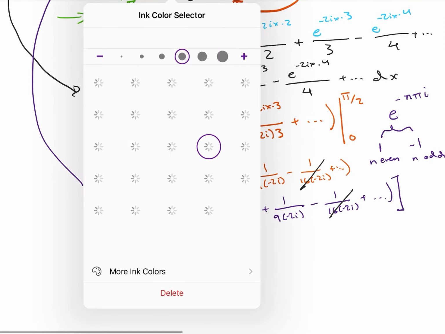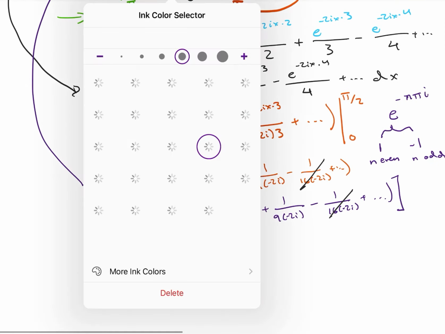I'm going to factor out a little bit. So I'm going to factor out, so these negatives are going to cancel. The 2s are going to cancel. I'm going to factor out 1 over i.